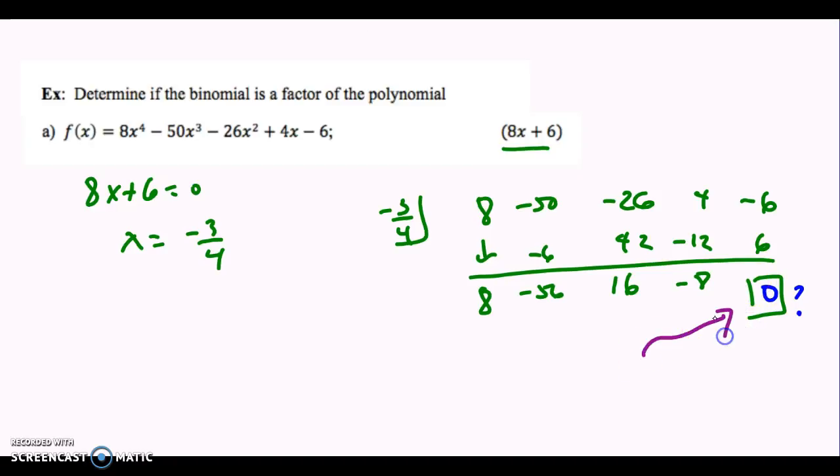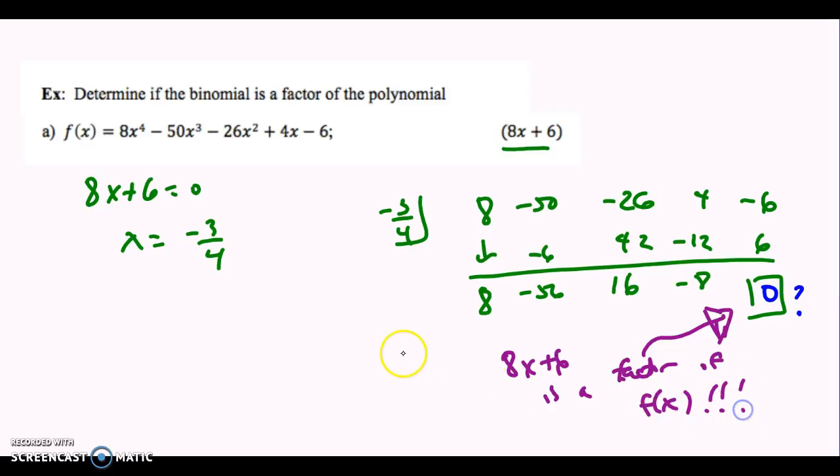Not only am I going to get out some plates and cake and celebrate, but that also tells me that 8x plus 6 is a factor of f of x. Again, if you don't get a 0 for a remainder when you're doing the synthetic division, that means that you do not have a factor of the polynomial.